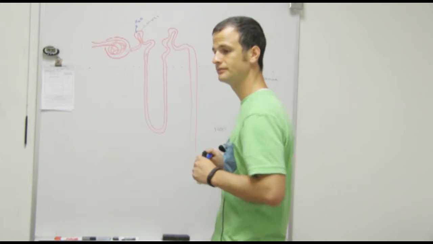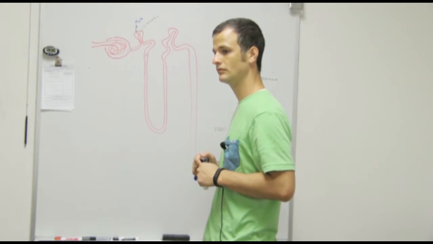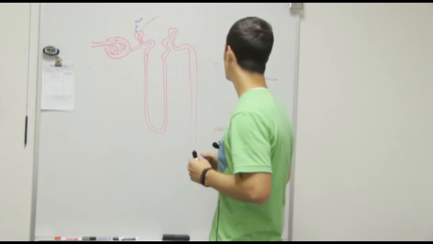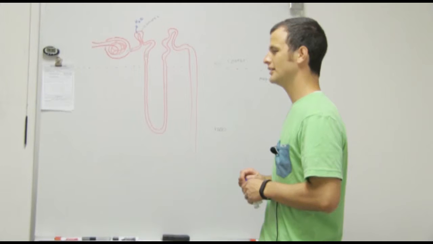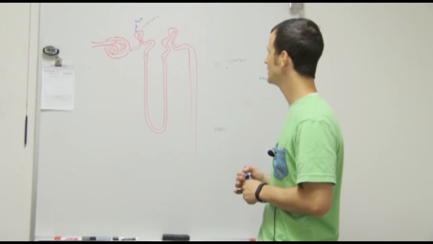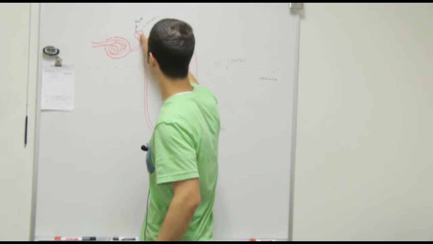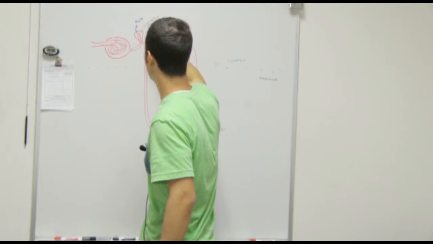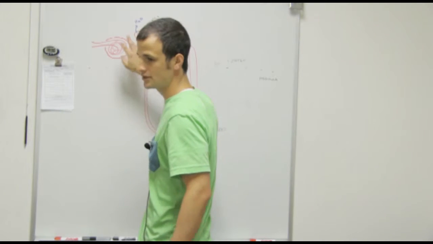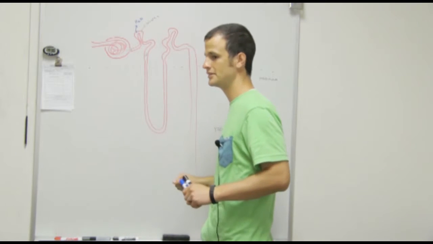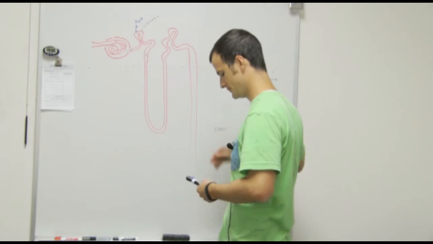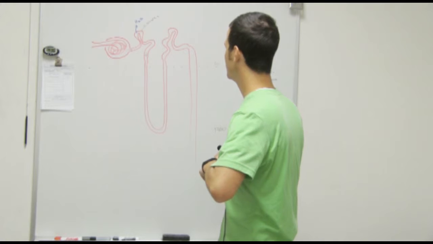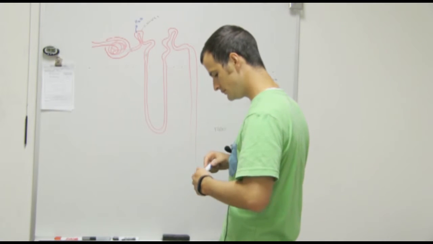You're saying it's like 300 in the capillaries outside? Not necessarily the capillaries, but in all of the space. This is where it kind of gets confusing, because I said this is going out into the capillaries and into the nephron, but in between the two, it's called interstitial space, and that's the concentration in the interstitial space.